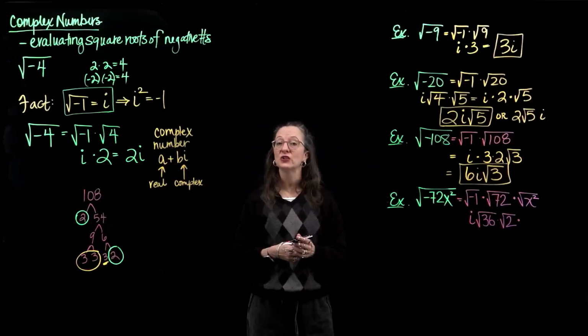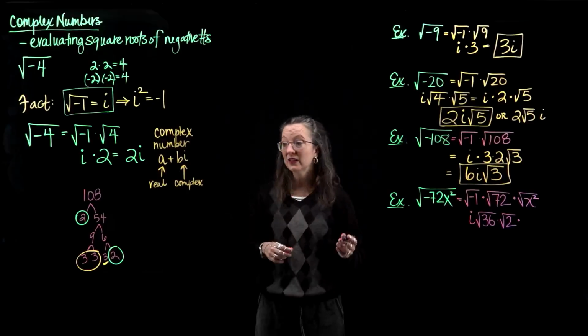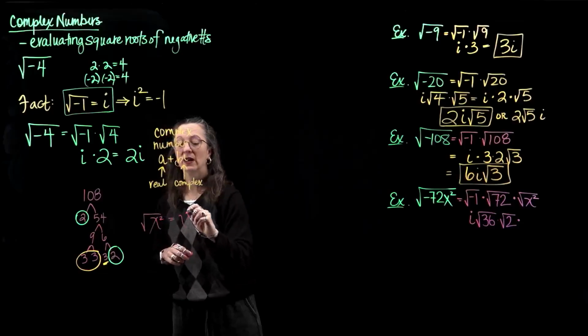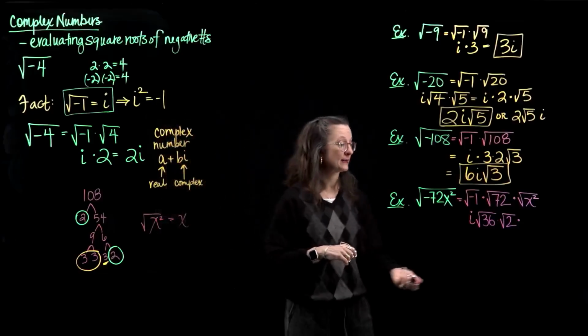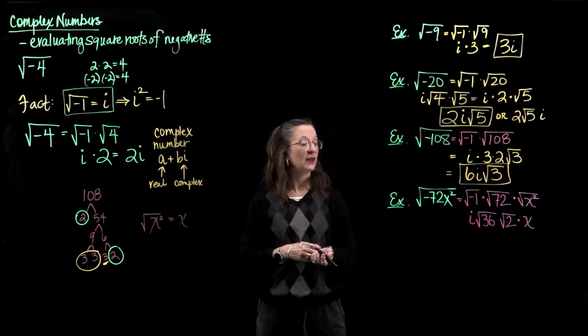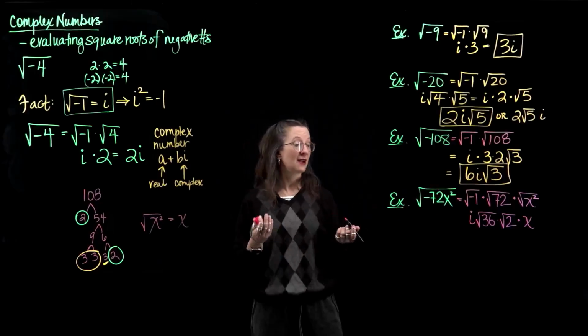And then finally, let's look at that square root of x squared. Remember, that's one of the facts that we want to keep in mind, is that square root of x squared is just equal to x. All right, so I have i times square root of 36 times square root of 2 times x.